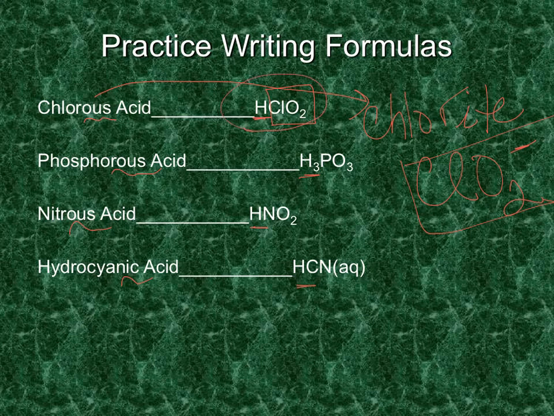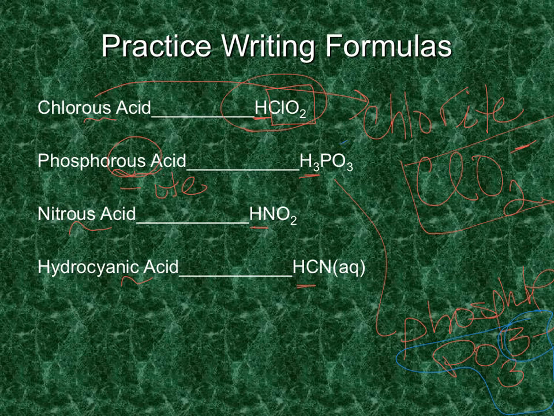Phosphorous acid, same thing, ends in -ous, which means the polyatomic ended in -ite. So the polyatomic you're looking for in this case is phosphite, which if you look up is PO3 with a -3 charge. Now listen very carefully if you're drifting off on me. Whatever charge the polyatomic has, in this case -3, that's how many hydrogens the acid must have to balance the overall charge of the acid.